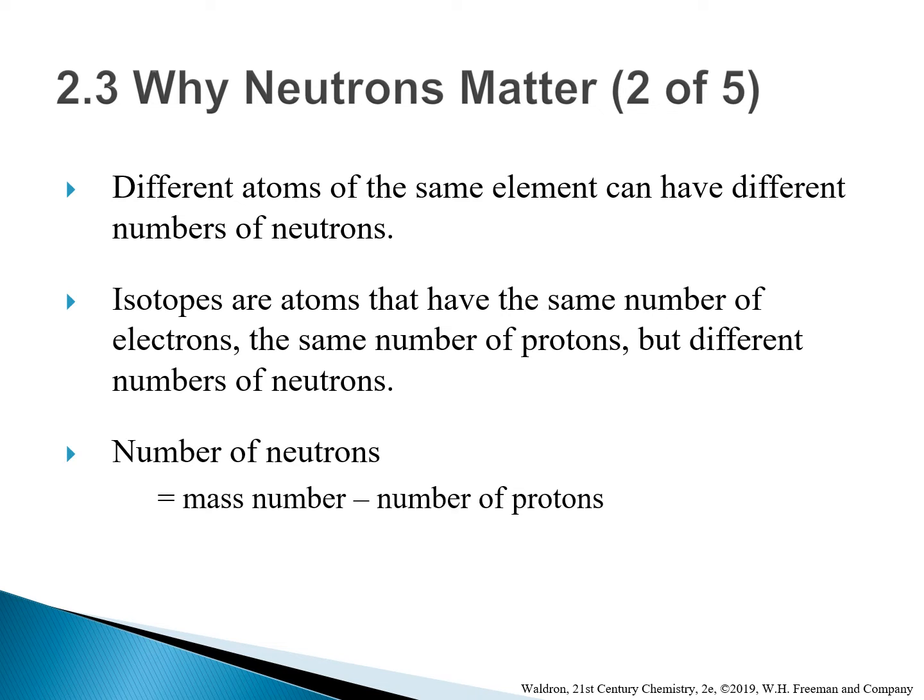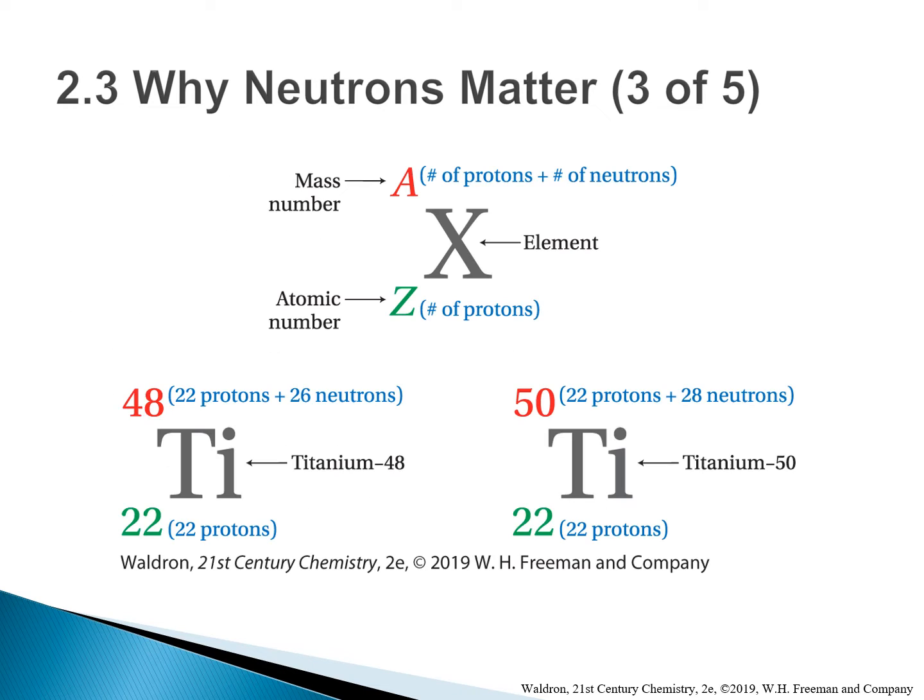If you know the mass number of an element, you can simply solve for the number of neutrons by subtracting the number of protons from the mass number. If you use letter X to represent an element, the letter A on the upper left corner is the mass number.